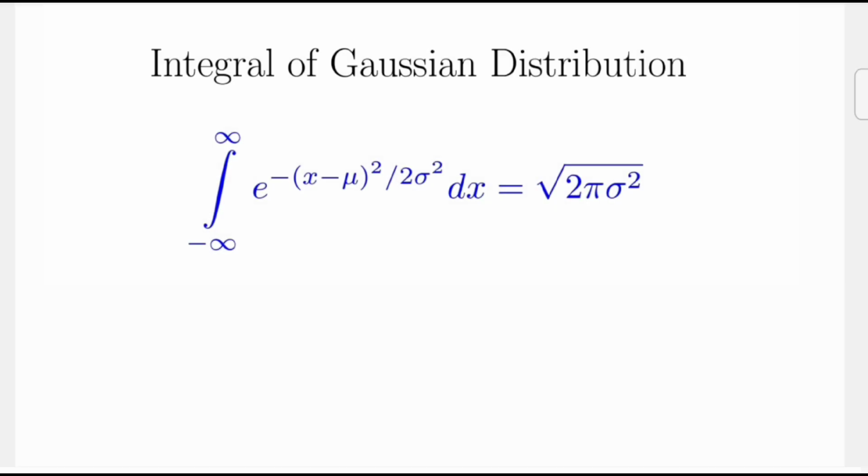Hi, in this video I would like to introduce the solution to a very important definite integral that appears in many science and engineering problems. This integral is connected to the so-called Gaussian distribution, which appears in probability and random variables courses in the university.